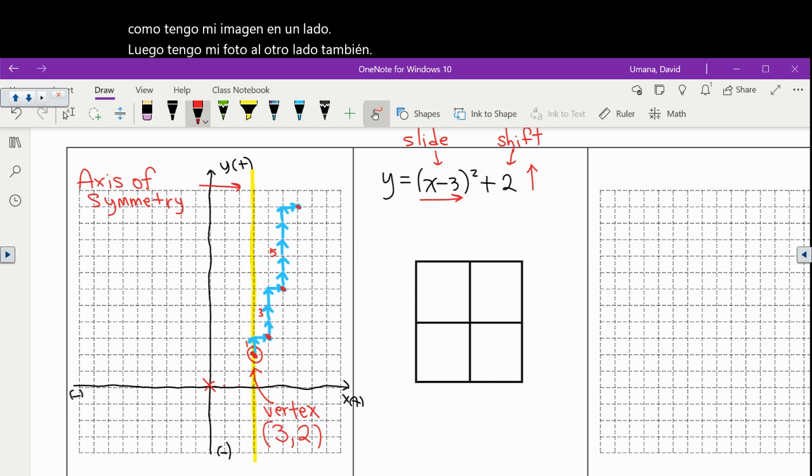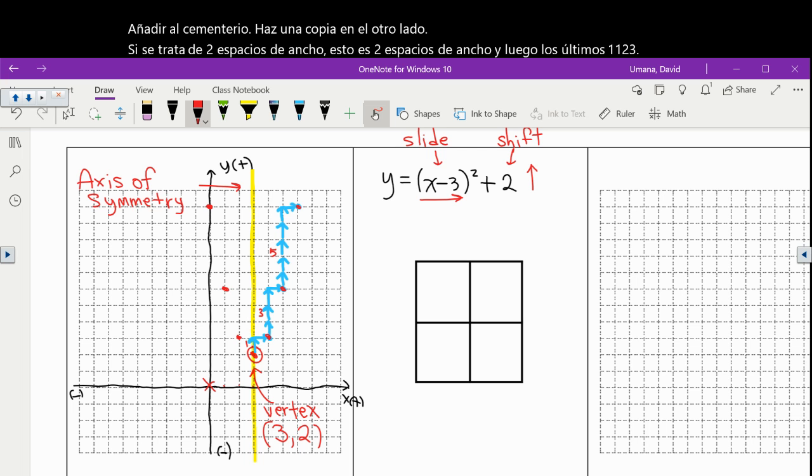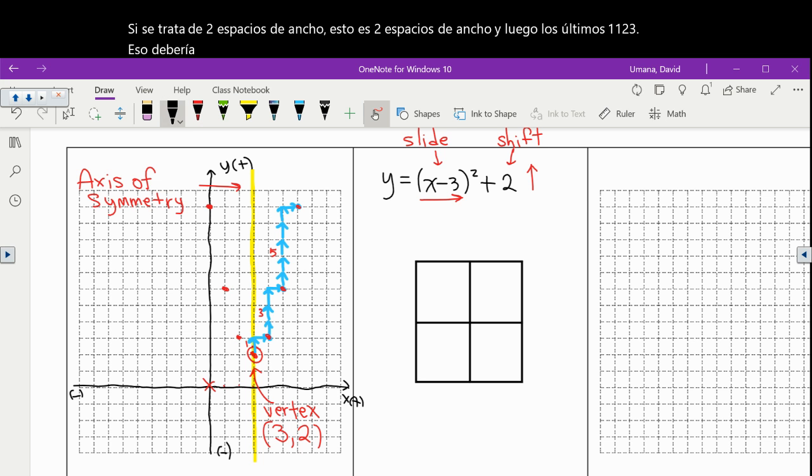So from the axis of symmetry, I make a copy on the other side. If this is 2 spaces across, this is 2 spaces across. And then the last one, 1, 2, 3. That should give me enough information to create what I'm going to respond to as my positive parabola.